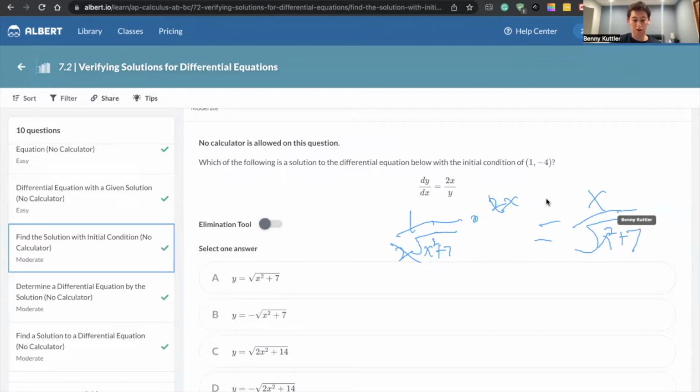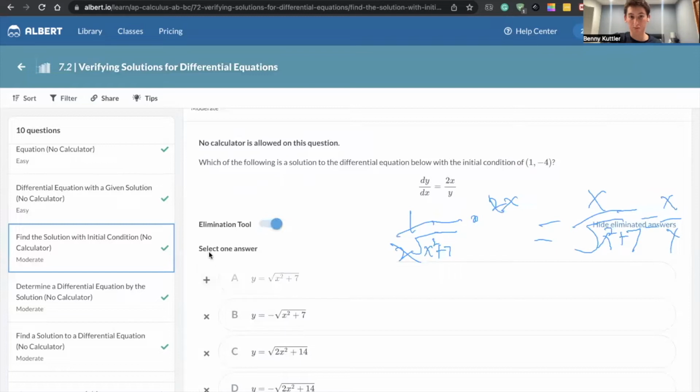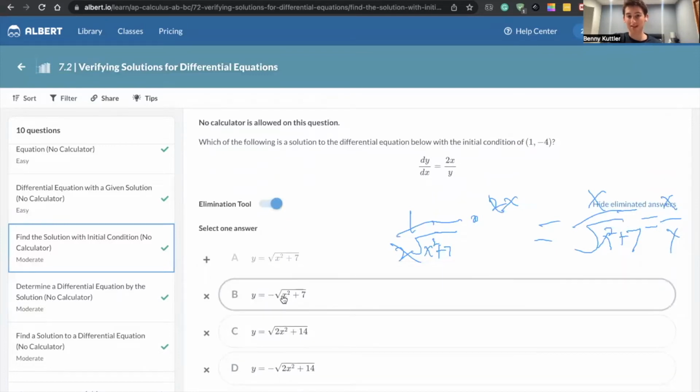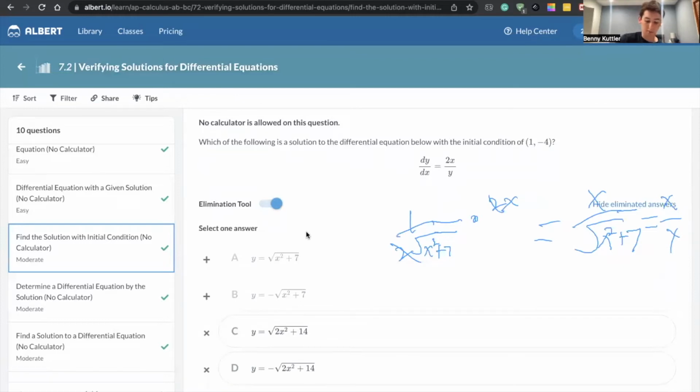And if we look, our original y value that we started testing is the square root of x squared plus 7. So this thing on the bottom, we can just write as y, which equals x over y. But if we look here, this is 2x over y. So we know this has to be wrong. It's close, but not quite. And because this is the same thing with just a negative sign out front, this also needs to be eliminated.